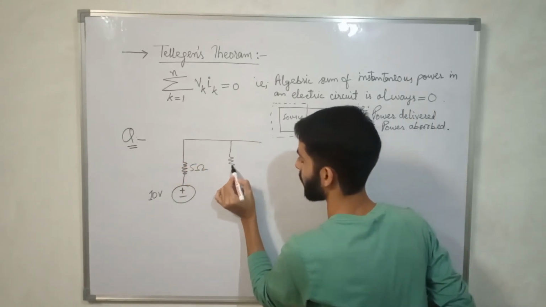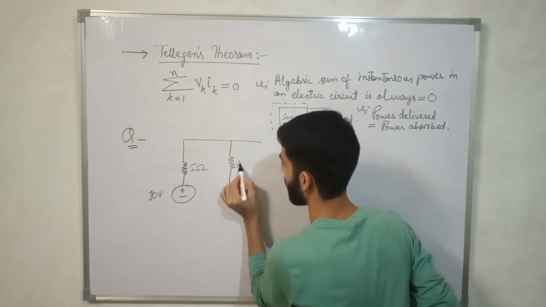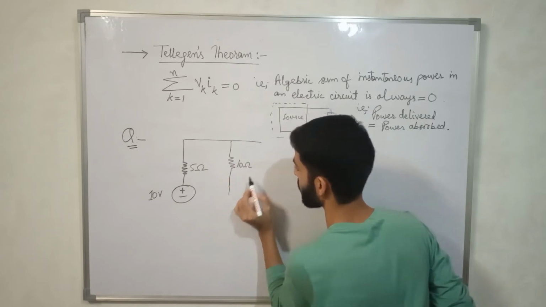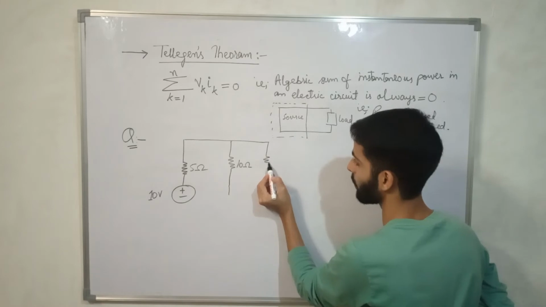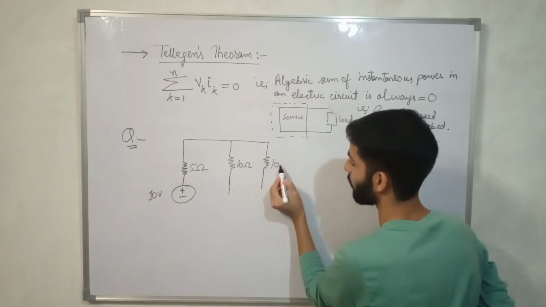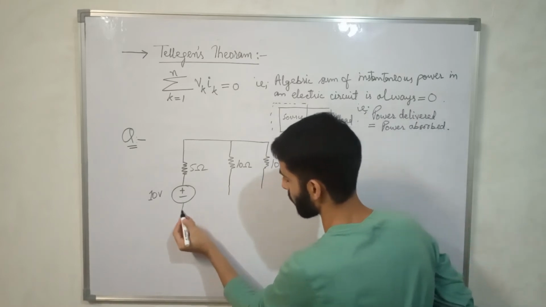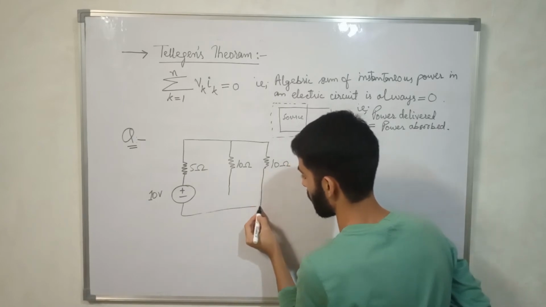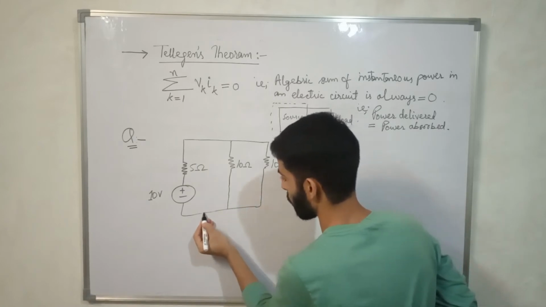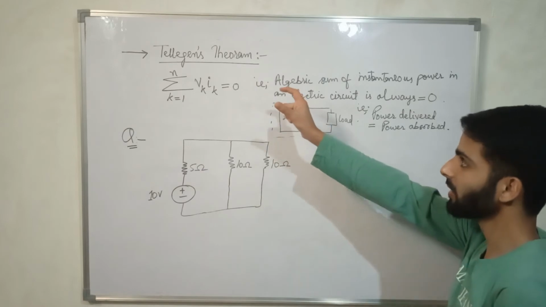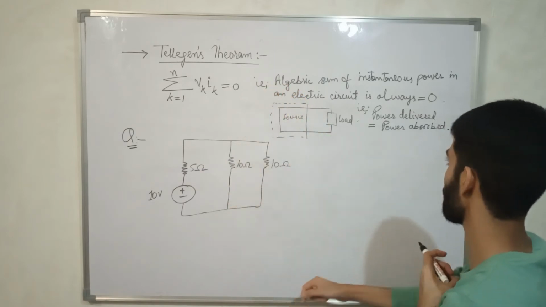Let there be one resistance of 10 ohm like this, and another resistance of 10 ohm like this. So we are going to illustrate Tellegen's theorem here.